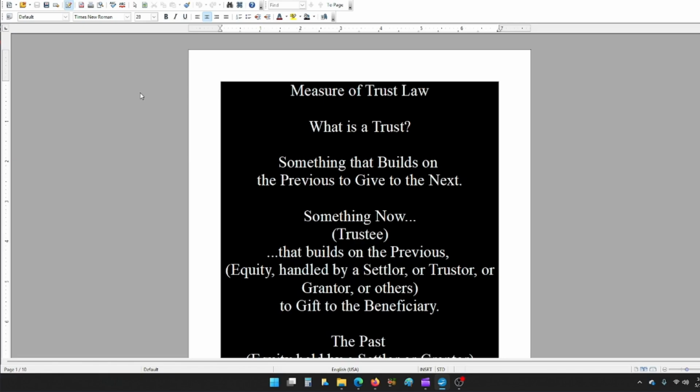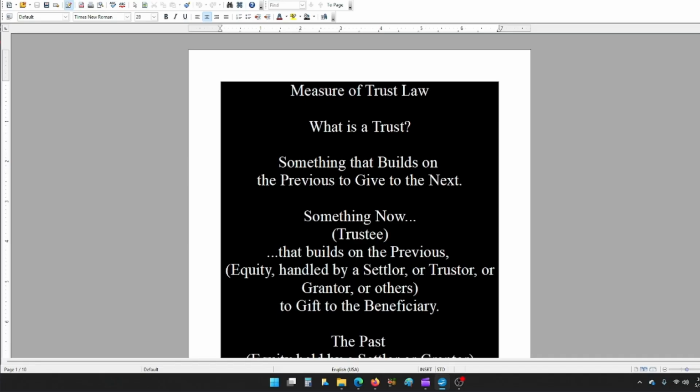A trust is something that builds on the previous to give to the next. That's what a trust is. A trust is something now, the trustee, that builds on the previous, which is the equity, which is the home, which is the security, handled by a settlor, otherwise known as a trustor, otherwise known as a grantor.